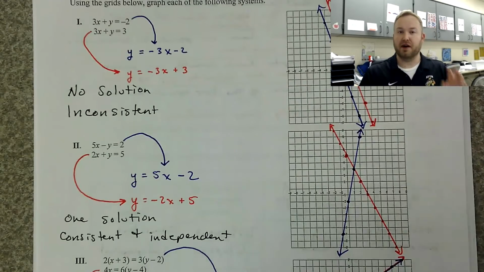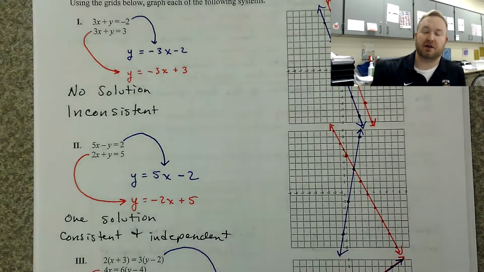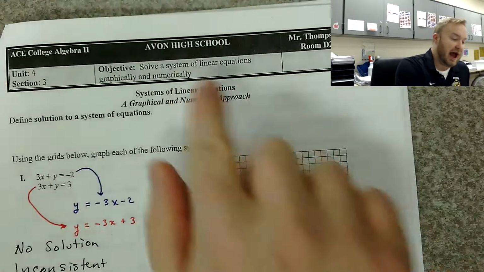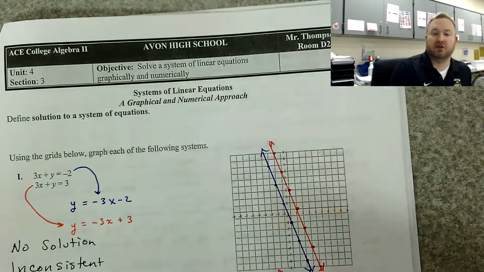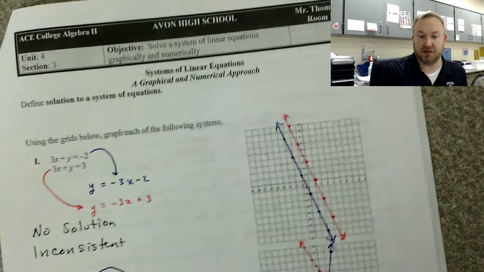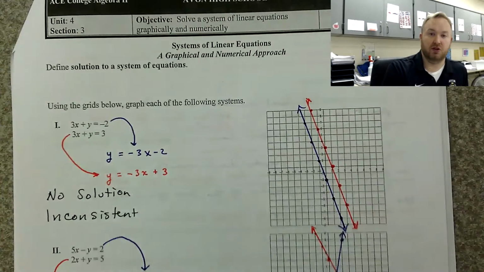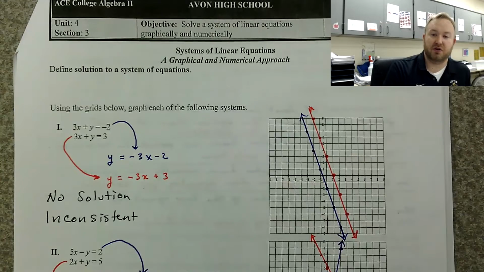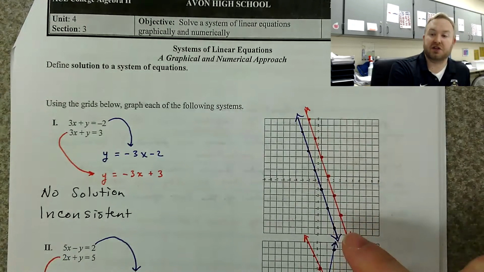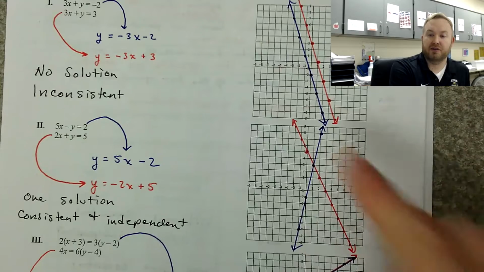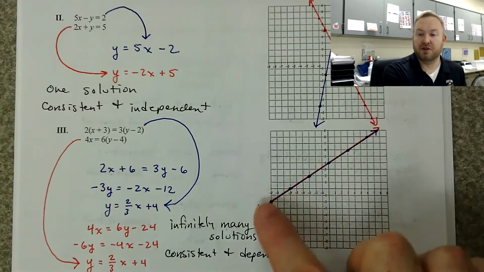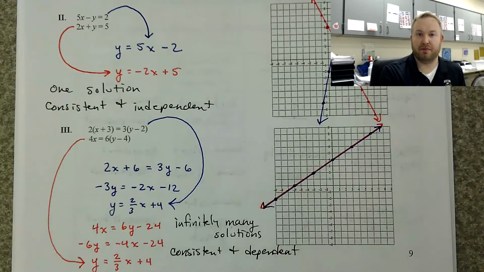There are three possible outcomes when we graph a system of linear equations. Our systems will include linear equations, meaning when you graph them, you'll get lines. First, your two lines could be parallel, meaning they don't intersect at all, or the two lines could intersect at one point, or the two lines could fall right on top of each other.